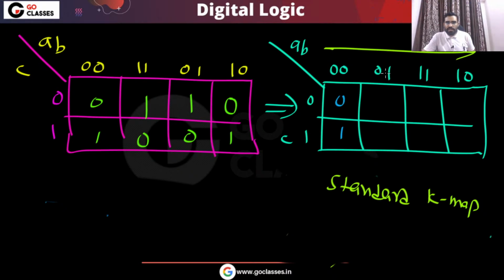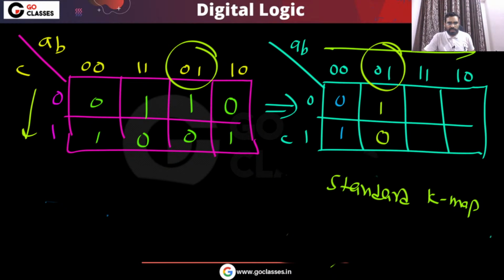Now notice this row 01. This row will go here, 10. Yes or no? Very simple. This is the row 0101, and this is your 01. So finally I can say that this row will go here.